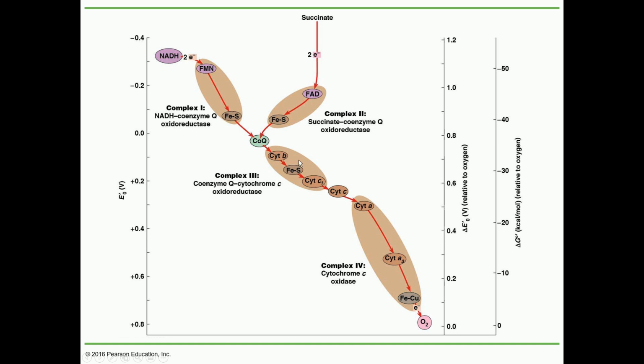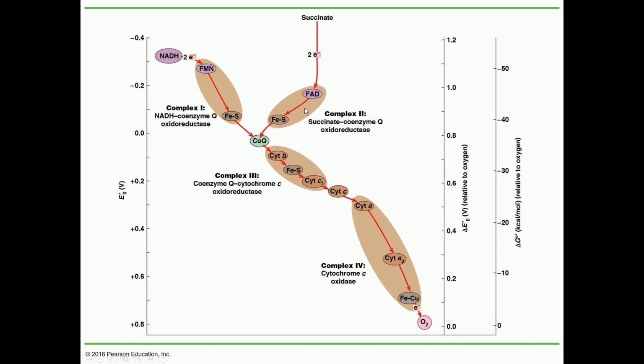This is the first complex, and this is the second complex, third, and the fourth. All the proteins which we just discussed are part of these protein complexes. Complex one is called NADH coenzyme Q oxidoreductase, and it includes the proteins with iron sulfur centers and the flavoproteins which have FMN as a prosthetic group.